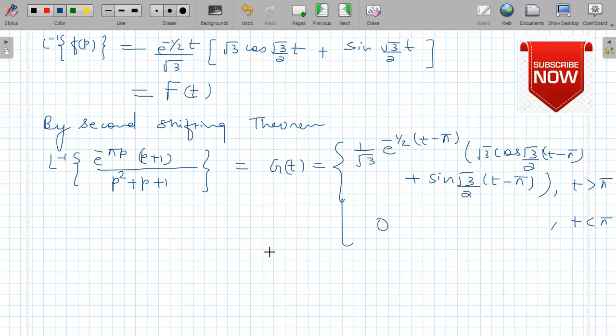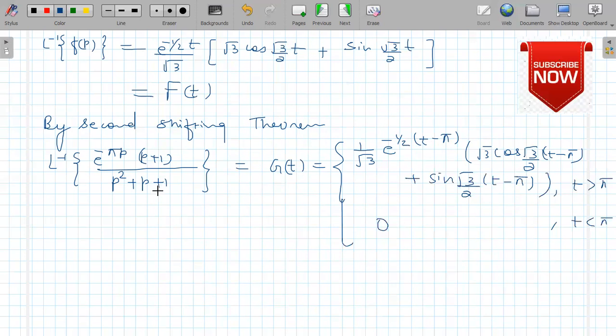So we replace t by t minus pi everywhere, because we have negative pi here. When we have positive pi here, we replace t by t plus pi. Okay. So this is the answer.